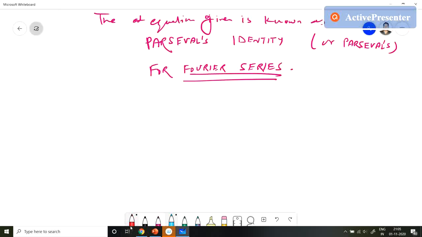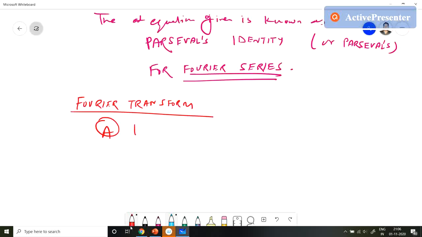Next topic is Fourier transform. Let us discuss how we have derived the Fourier transform from the Fourier series.